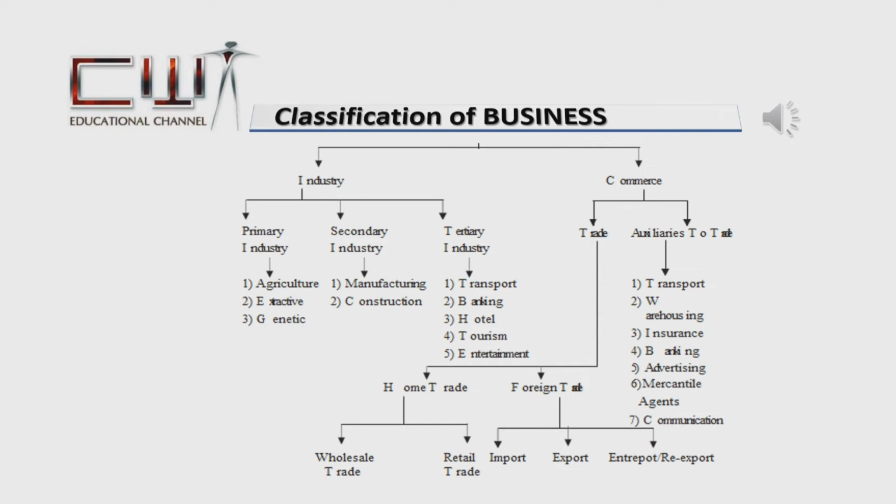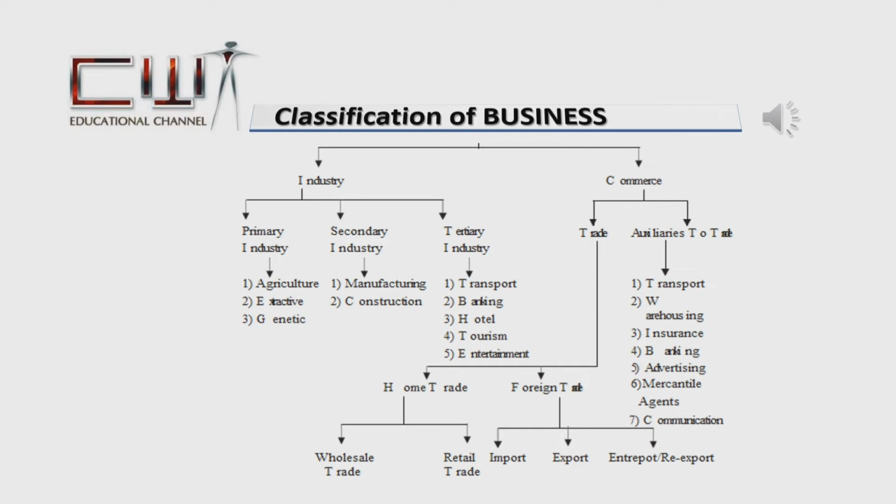And capital goods are those goods which are used by the producer for producing more capital goods or more consumer goods. Normally, consumer goods are directly consumed by the final consumer, whereas capital goods are used by another industry for further production of goods.